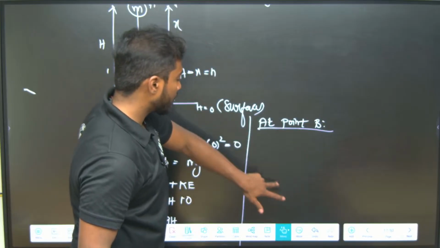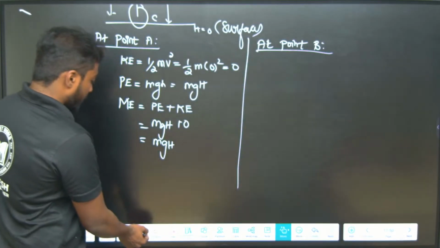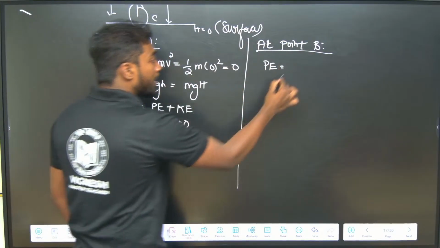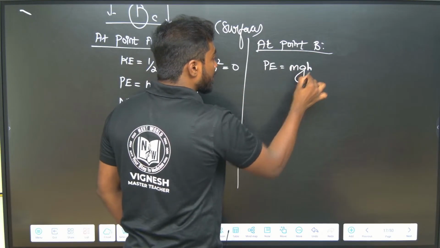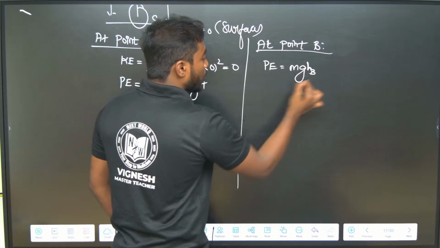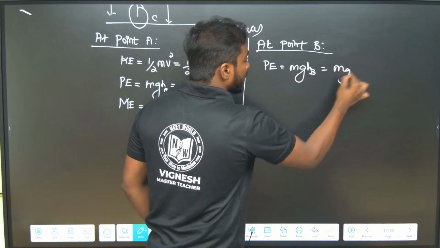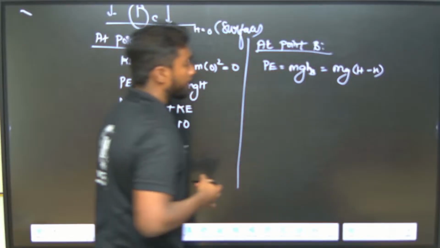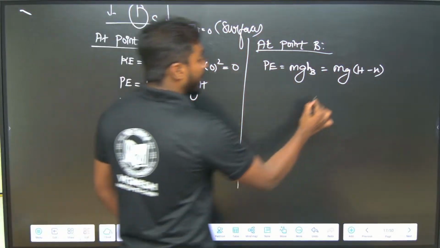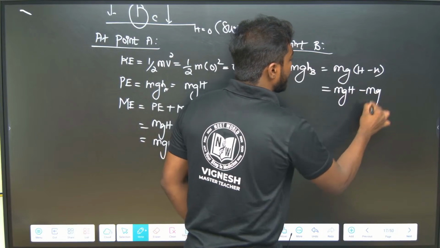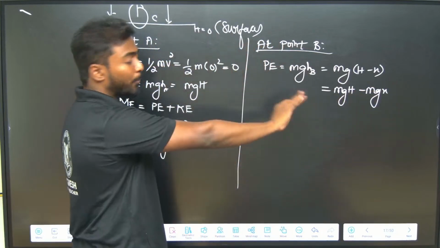Potential energy is mgH at A. At B it is mg of H minus x. If I expand this, mgH minus mgx. This is my potential energy, guys.